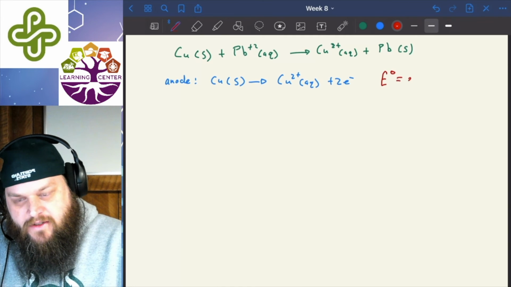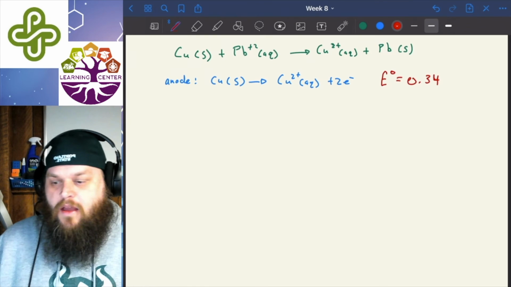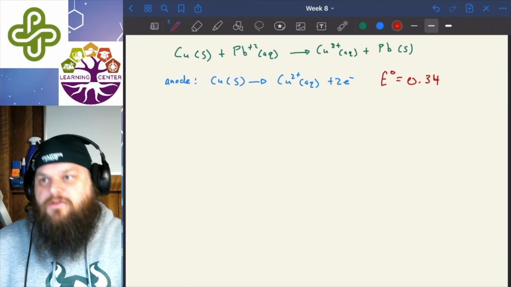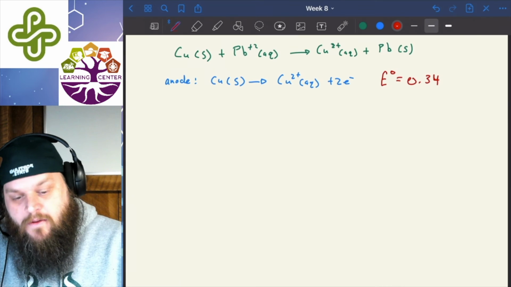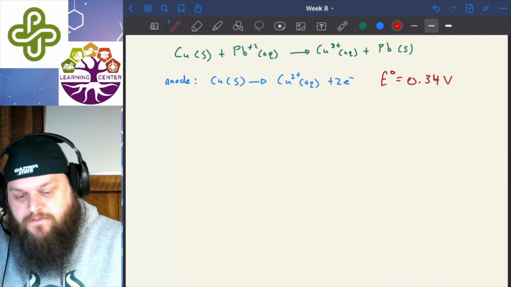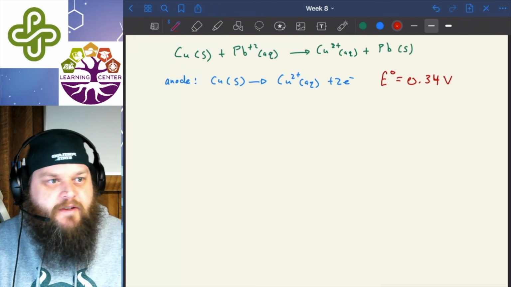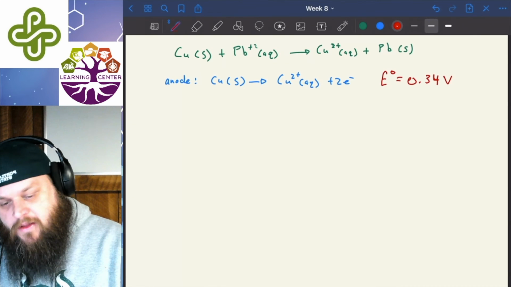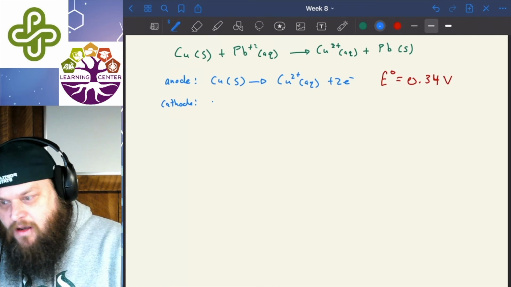Nothing changes because this electric potential value is related to the SHE, the standard hydrogen electrode, which is at 0 volts. So our copper half reaction is going to have that same potential of 0.34 volts. But in this case, we need to look up what that cathode is. So I'll write out the cathode reaction.